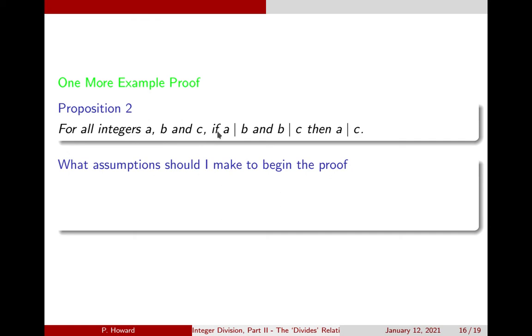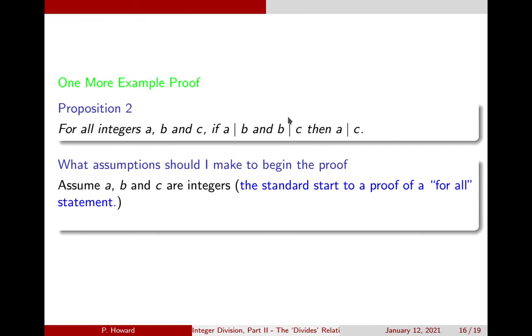The something is an if-then, so we should assume the hypotheses of the if-then. We should assume a, b, and c are integers, the standard start to a proof of a for all, and we should assume that a divides b and b divides c, because we are proving an if-then, and that's the hypothesis.